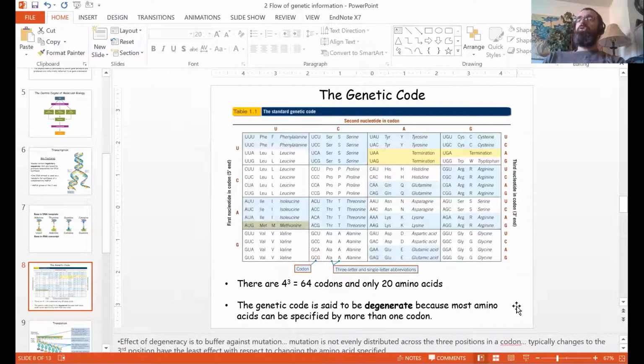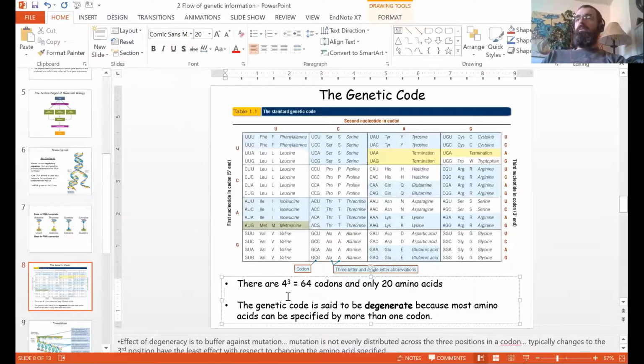This is how you would translate mRNAs into amino acid sequences, because every single triplet, or codon, which is the formal name, codes for a specific amino acid, right? And so if you look down here, essentially we have 4 bases to the power of 3.